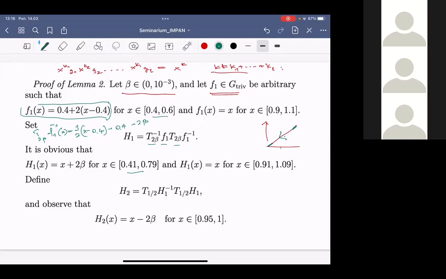We take 2 beta, so we shift slightly, but it doesn't matter. We will be again in this interval.